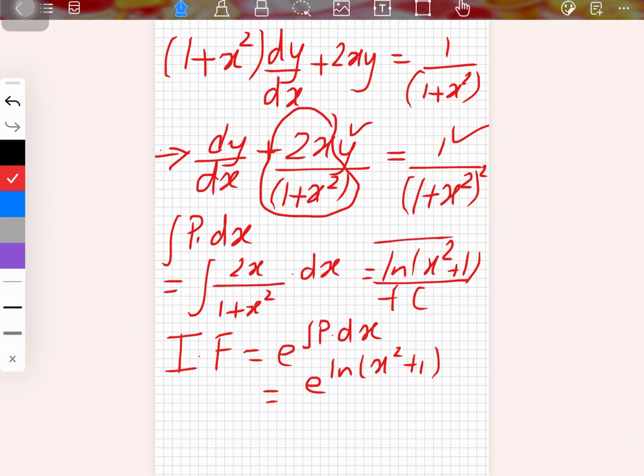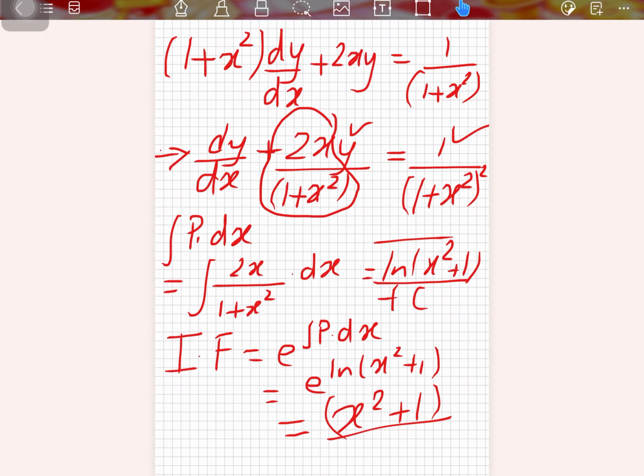And I think you know that if we have e to the power ln of whatever it is, then it just nullifies the effect, and we simply get x square plus 1. So yeah, this is what we get. You can simply prove this using the property of logarithm and exponential number. After this, let's go to the next page.